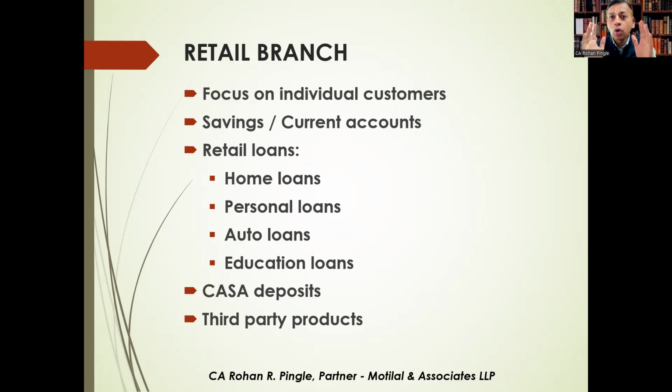Concurrent audit focus should be on KYC completeness, loan sanction authority, documentation verification, EMI start verification, and DP calculation, that is drawing power calculation if overdraft. Retail branches usually have high transaction volume but lower ticket size per account.